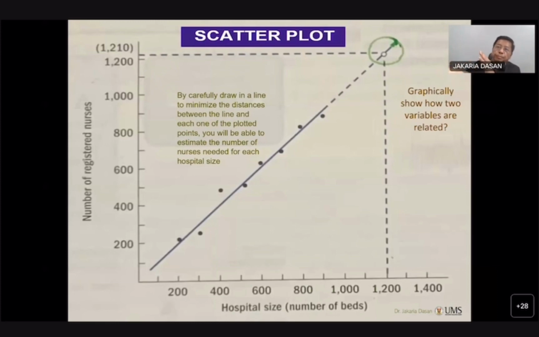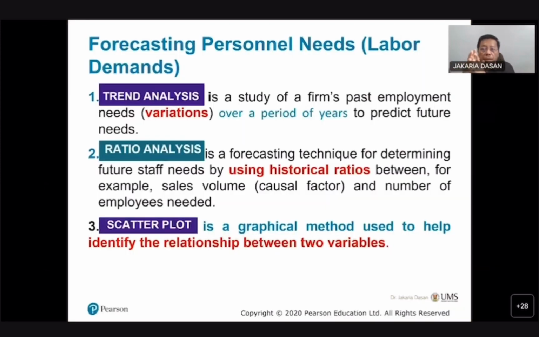So before I go to the next slide, looking back at these three approaches of doing personnel planning, if we base on what happened in the past, if we base on what is happening currently, the future will not be the same.